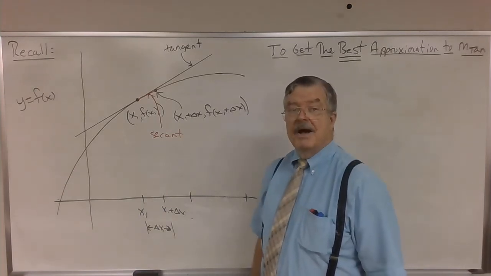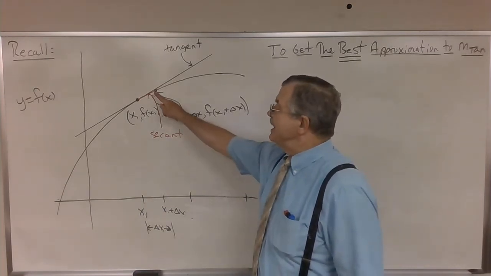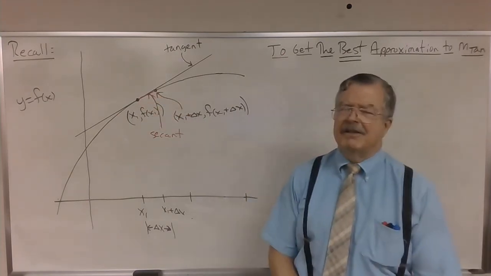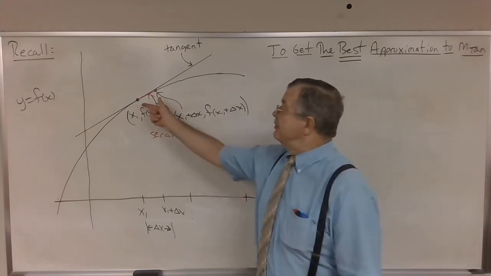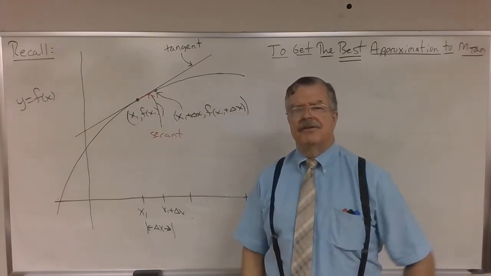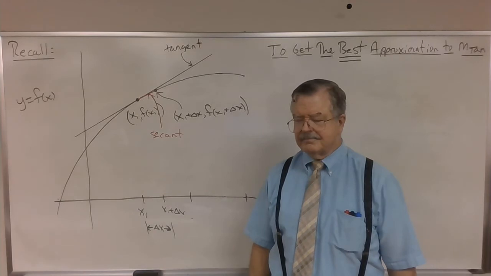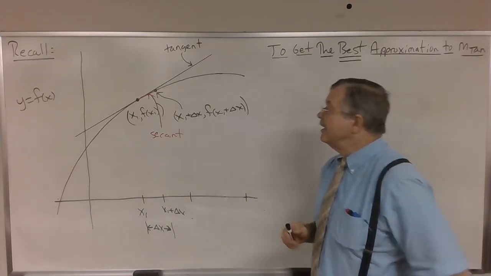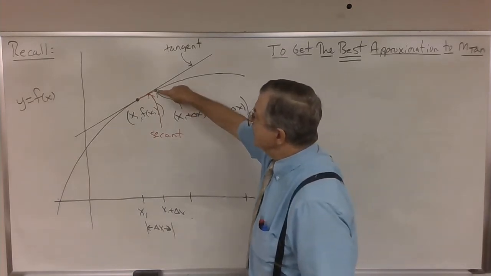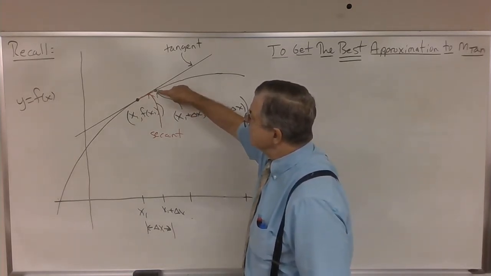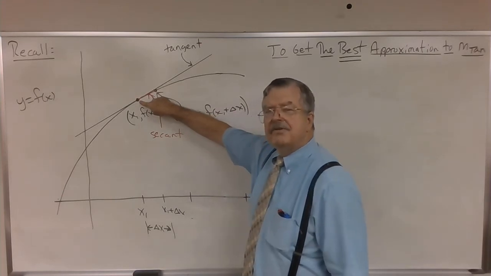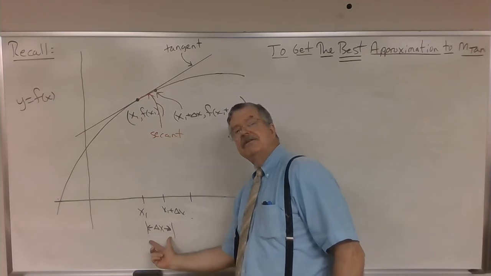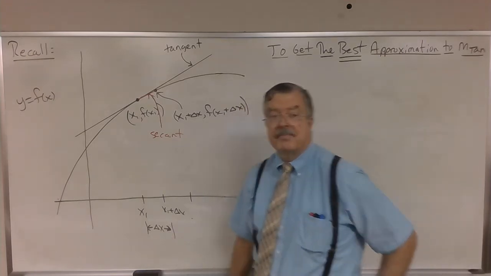But I'll tell you what, we would like to make the end point of the secant as close to the point of tangency as possible without the two of these things becoming one and the same point. And in terms of delta x, what are we saying? Well, if we make the end point of the secant as close to the point of tangency as possible, that means we're making delta x as small as possible.